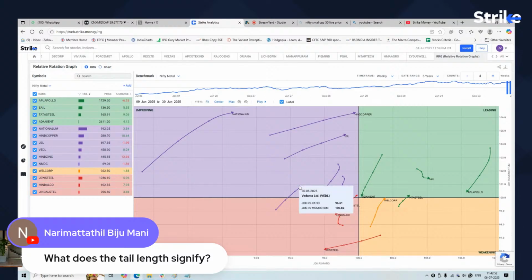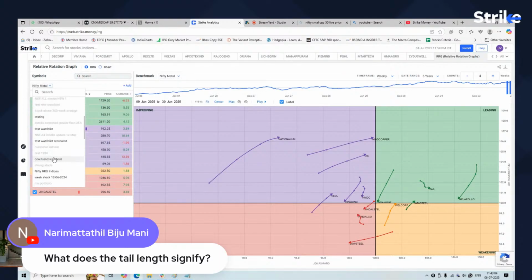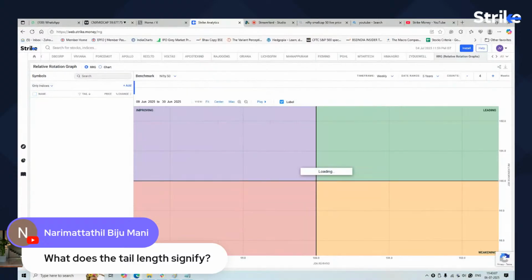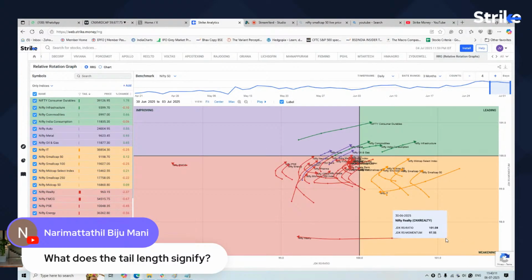So whenever the tail is big and it is rising higher, it means that the RS and the momentum are very, very strong. And if the tail is very big on the downside, I think I saw that for Realty. If you see Realty, you can see that there is a big tail on the right hand side.